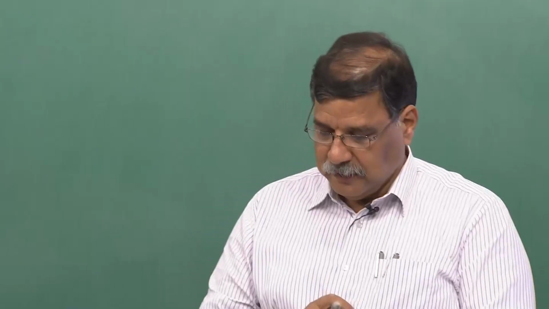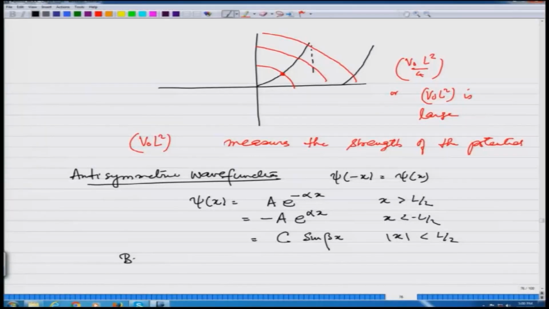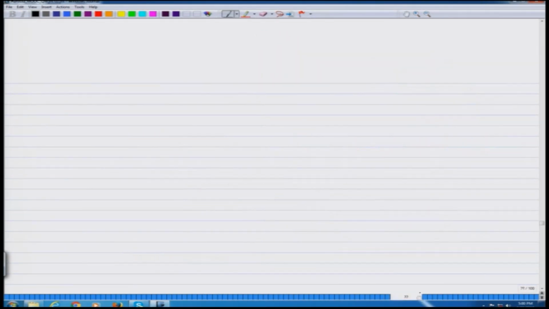Now, the nature of the solution changes, and at the boundary x equals L by 2, if I match the wave function and its derivative, again I am going to get the energy. So, I have psi x equals a e raised to minus alpha x, x greater than L by 2, and this is equal to some c sine of beta x for mod x less than L by 2.